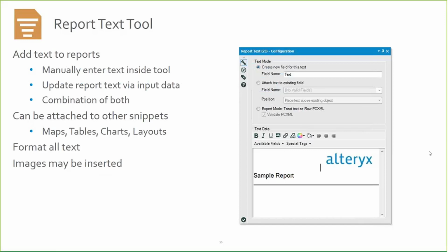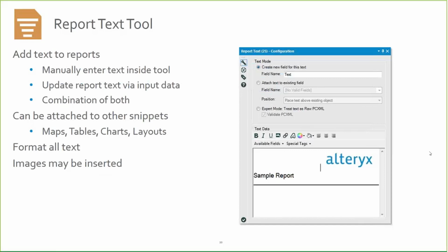Commonly, if I'm going to build something that is more complex than what you can do with the Alteryx header and footer tools, which are designed for pretty simplistic purposes to get a fairly basic header and footer in your data, I would choose to create one in this report text tool. And that's what you actually see here in the screenshot, and you'll see it again when we build this workflow.